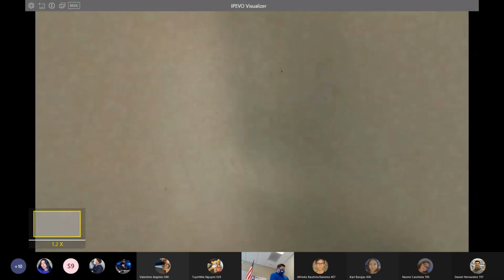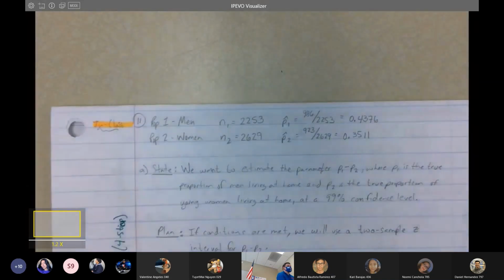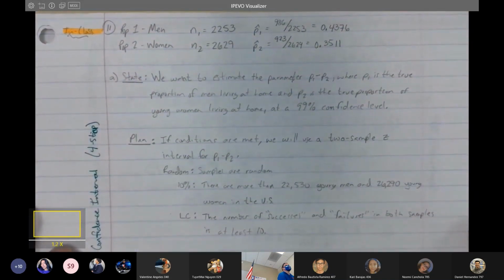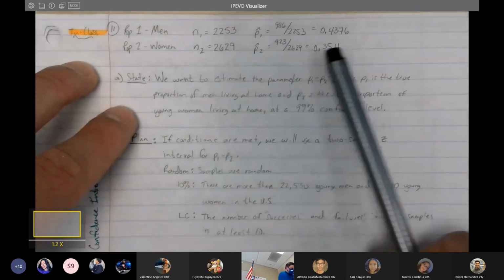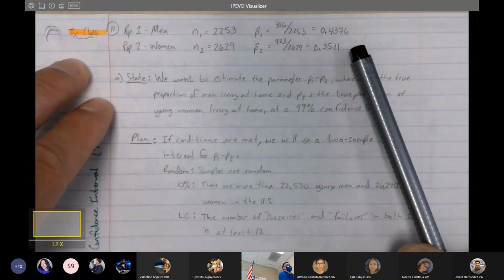So then we're going to look at the second question here. All right, and now this is a confidence interval question. Once again, I've started just by getting all of my data up front.